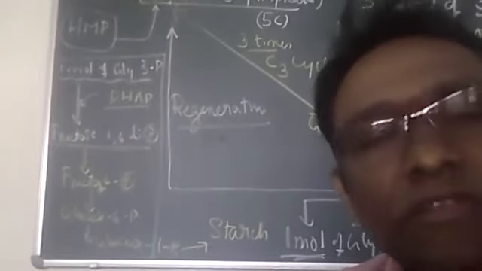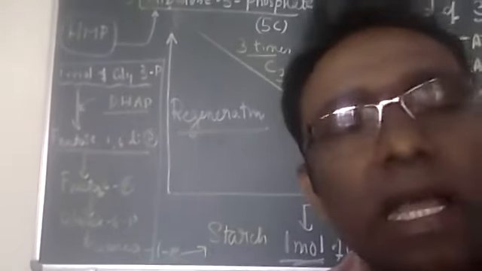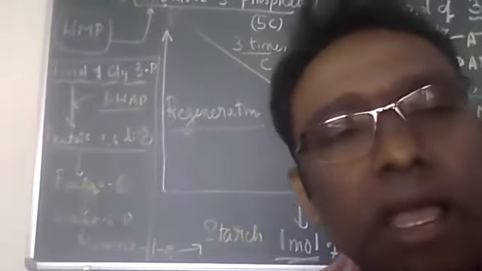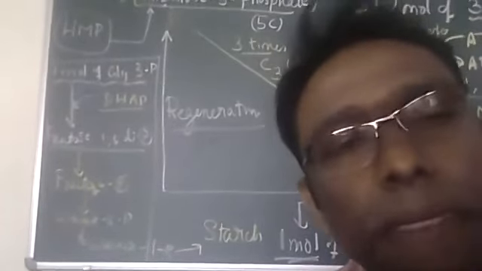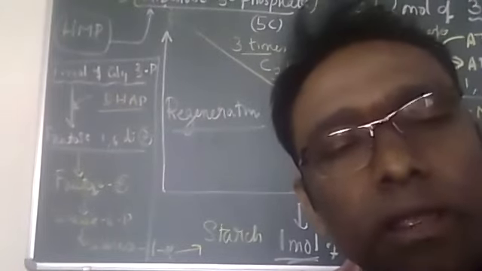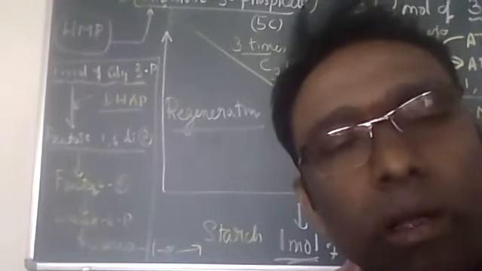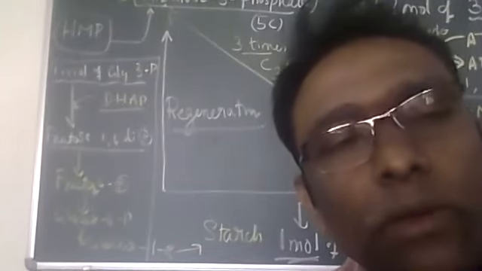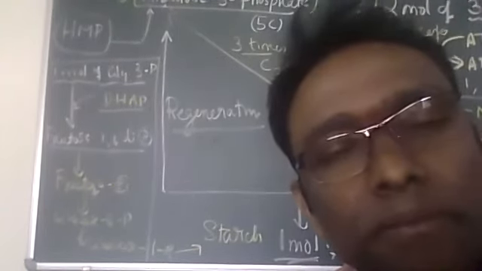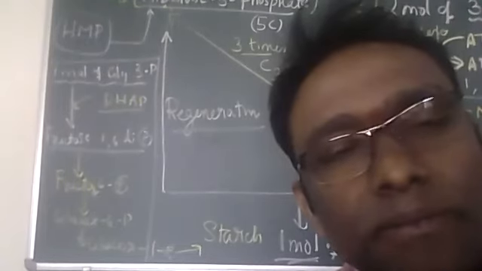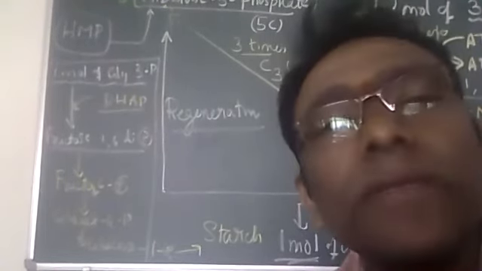Only the C4 cycle. At 2 o'clock, please attend the class. We'll complete the C4 cycle, and I have to plan for bioenergetics also partly. Have your lunch and come at 2 o'clock. Or you want me to prepone the class? Tell me. 2 o'clock is fine.